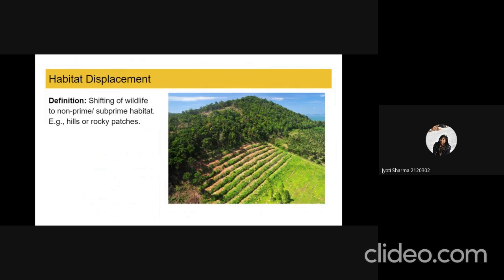So this is the habitat displacement: shifting of wildlife to non-prime or subprime habitat. This was a very conducive environment for the wildlife, but at the top it may not be a very good habitat for them, yet they have to shift to that non-prime habitat. So this is the habitat displacement.